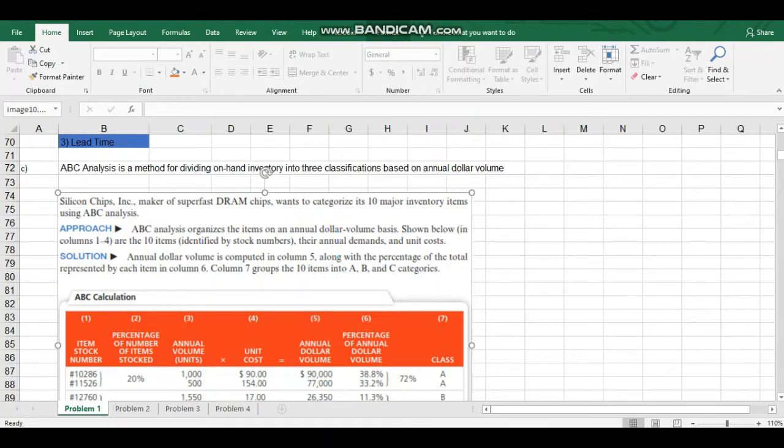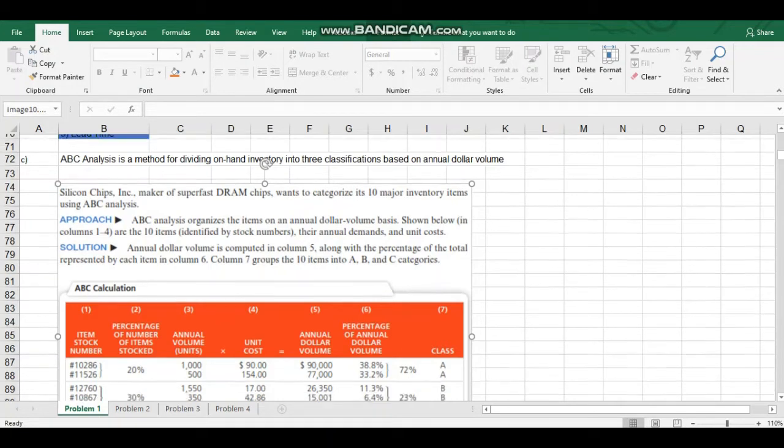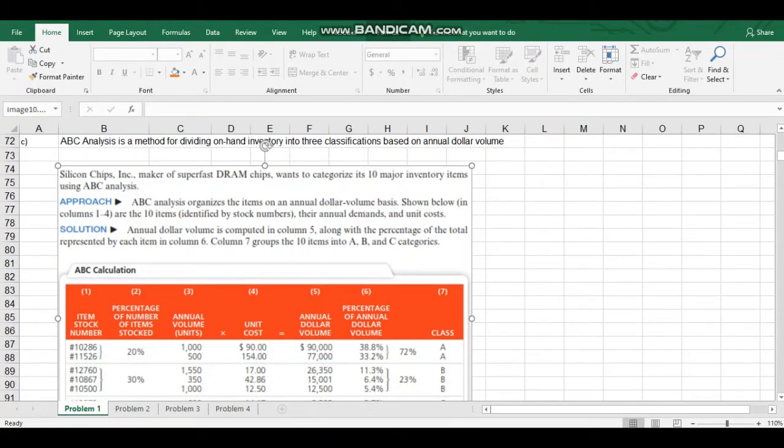So the approach is ABC analysis organizes the items on an annual dollar volume. So the worth of those inventory is judged by the annual dollar volume. And shown below are the 10 items identified by stock numbers, their annual demands, and unit cost.